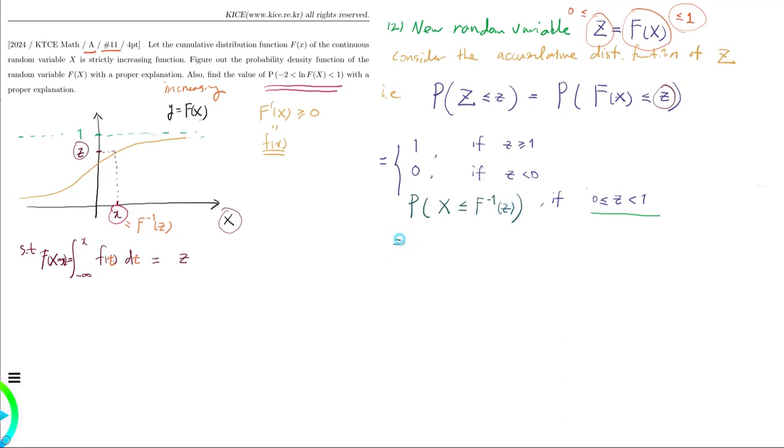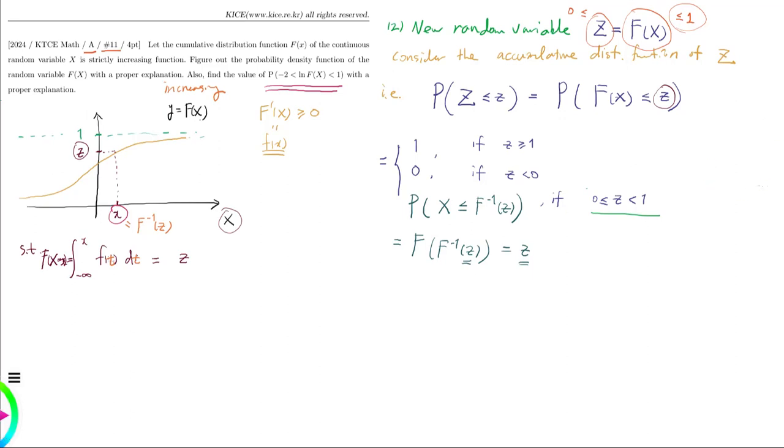And this is nothing but capital F of F inverse of z, and that's an identity function. So its value will be small z here.